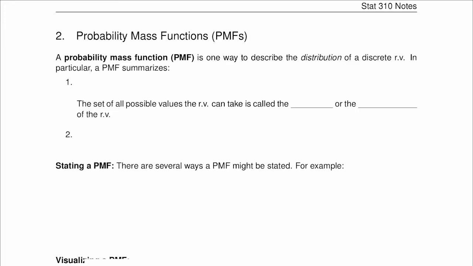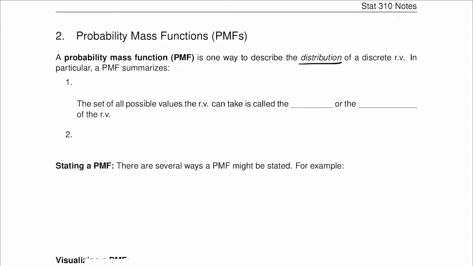Now we will talk about the probability mass functions, the PMFs. A probability mass function is one way to describe the distribution of a discrete random variable. In particular, a PMF summarizes two things.